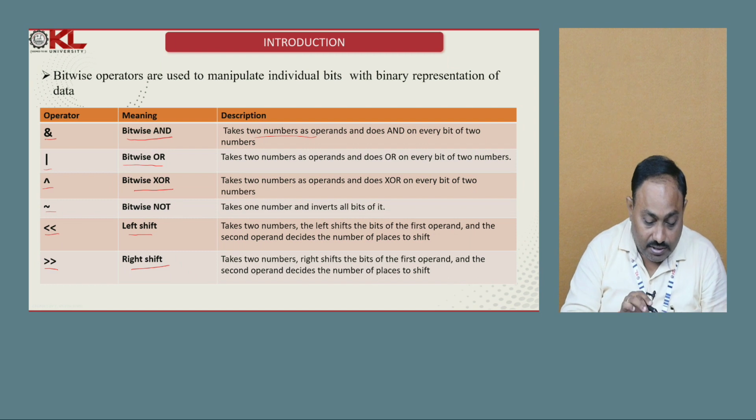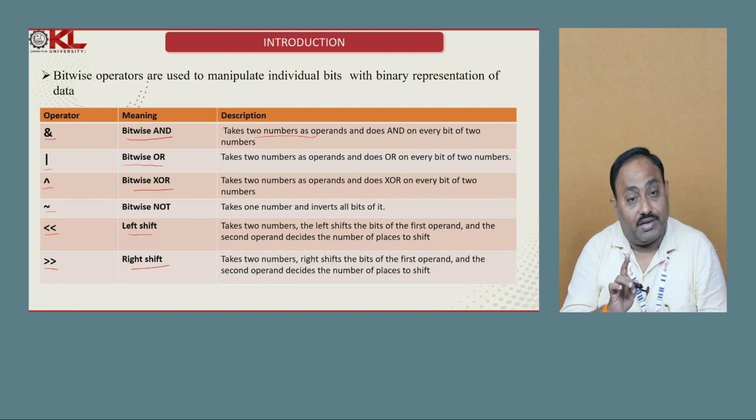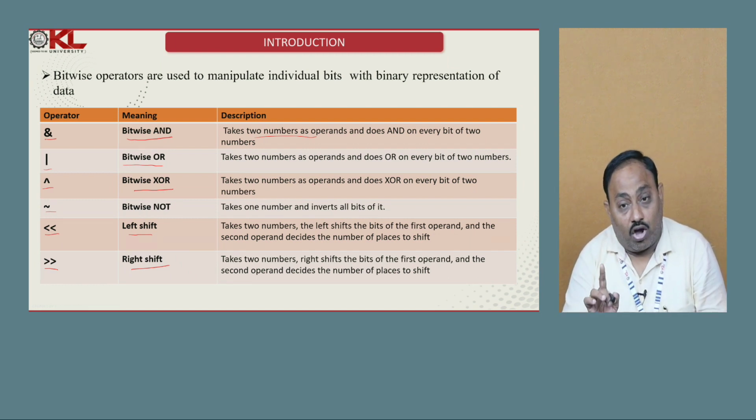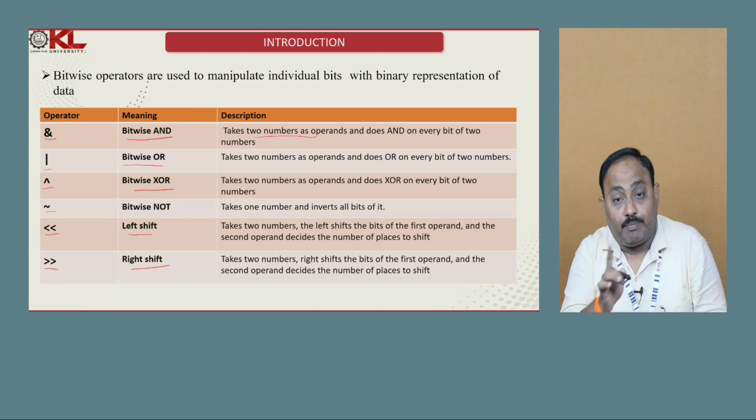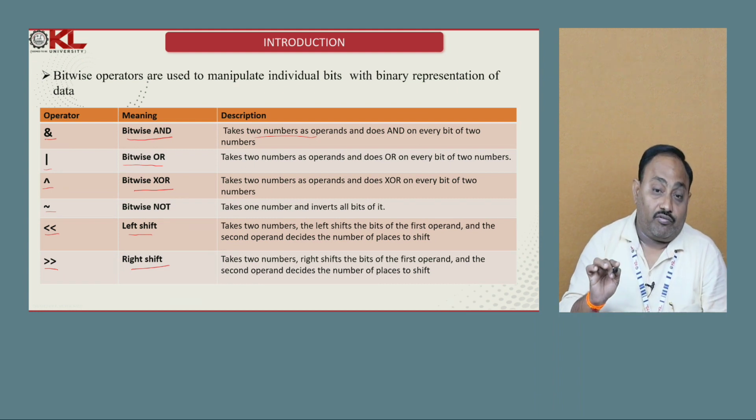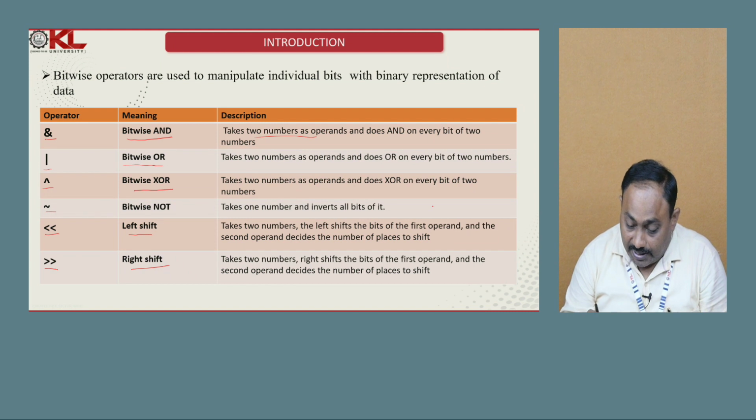Next, the bitwise NOT operator takes one number as operand and inverts all the bits of that number. Invert means it makes 0 a 1 and 1 a 0.